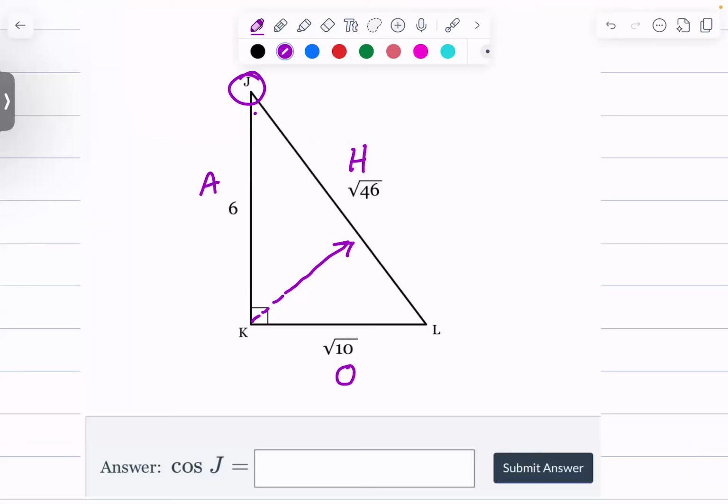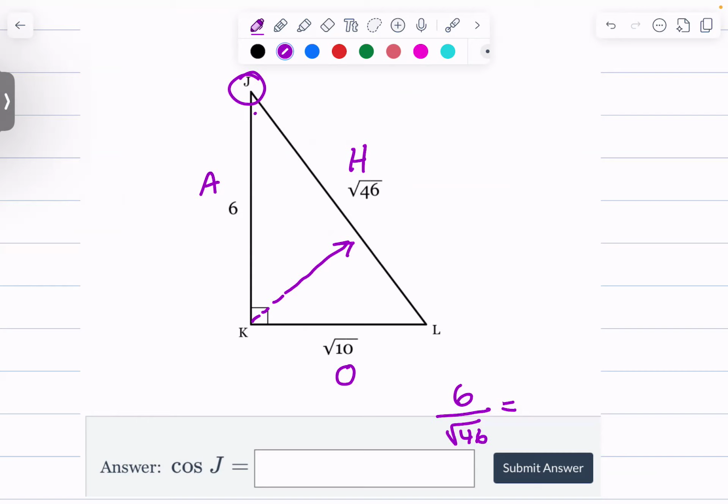Cosine is adjacent, 6, over your hypotenuse, square root of 46. So is square root of 46 the simplest form? We cannot take anything out, because that breaks out to be 2 times 23, and 23 is a prime number.